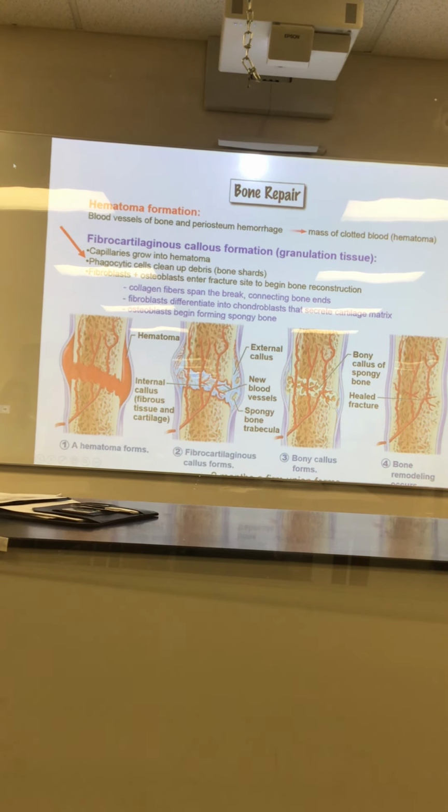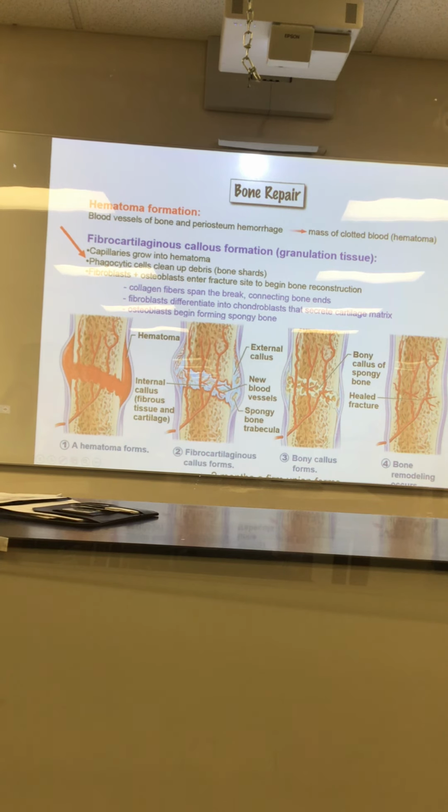Then you will bring in chondrocytes, chondroblastic cells in essence, but chondrocytes, and they'll lay down cartilage. So we go from a hematoma formation, okay, a blood clot, to what we call a fibrocartilaginous callus. Now, you probably remember a little bit about fibrocartilage. That would be cartilage in the middle and fiber around the outside, yes? Mhm.